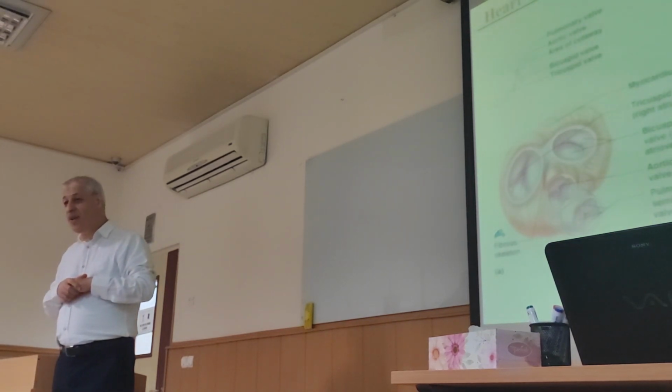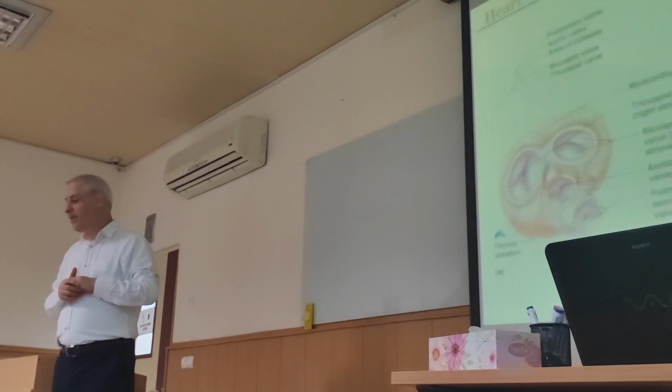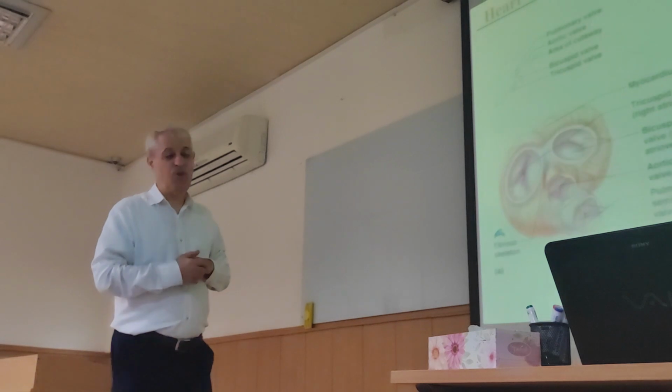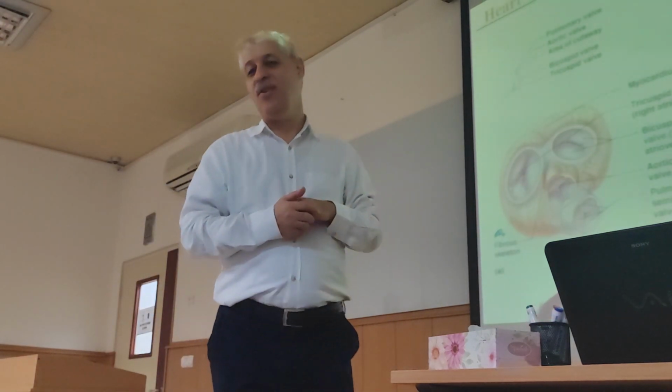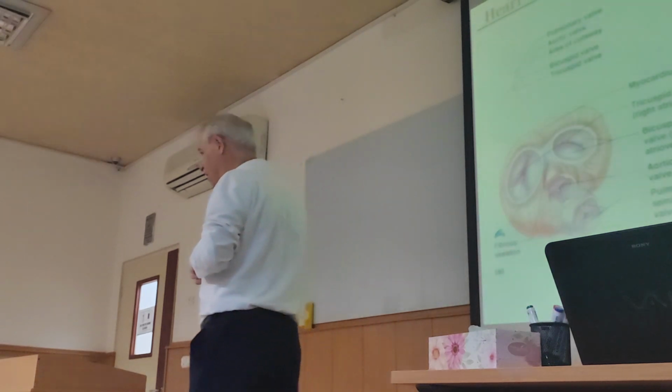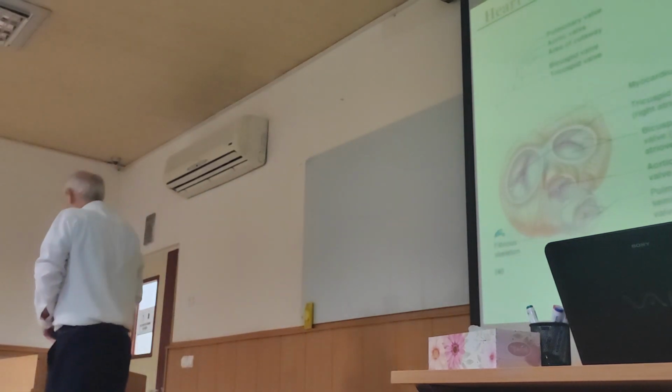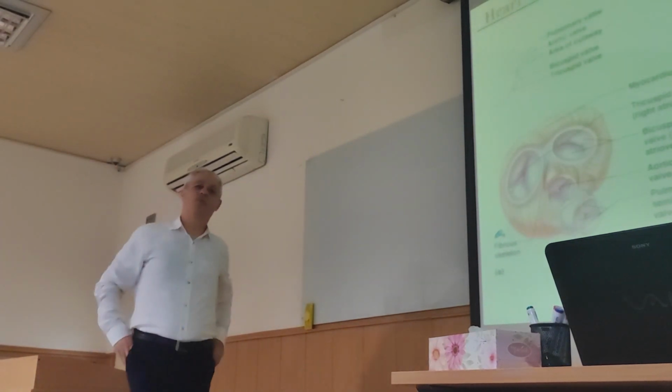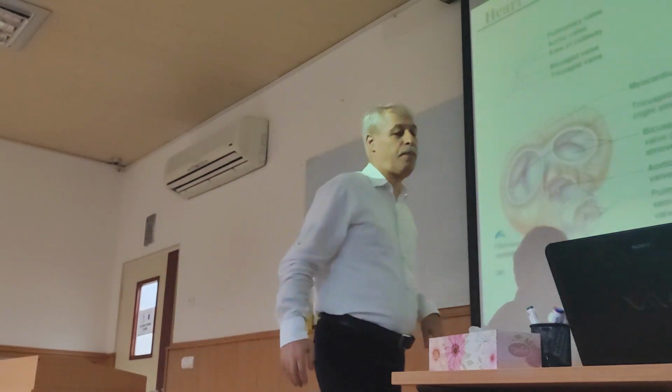In 10%, they may be nourished by the left circumflex artery. Any question? This is not part of your physiology class. I just explain it to you for more information.